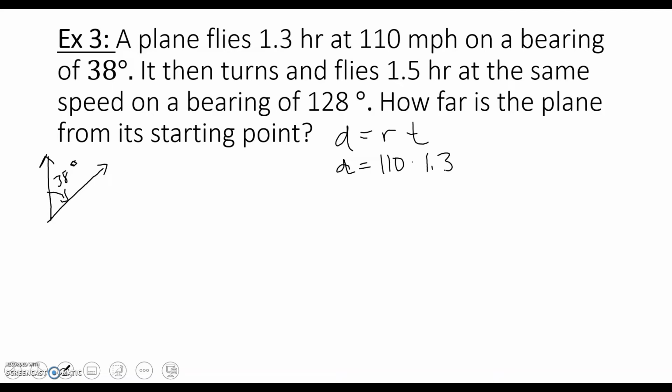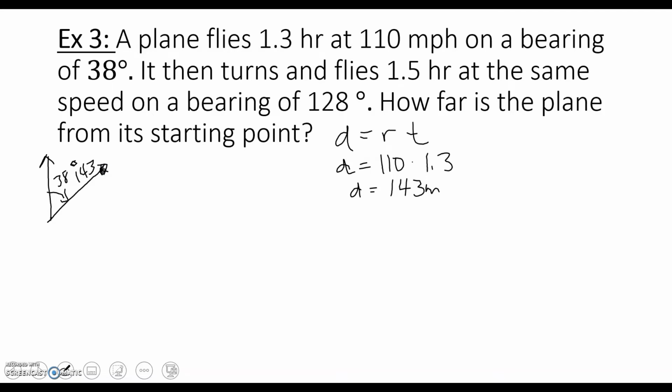We multiply that out, 110 times 1.3, and we get 143. 143 miles is how far the plane traveled. So I'm going to put 143 here, put a dot here to indicate where that stopped, okay? So that's the 143 on that side right there.